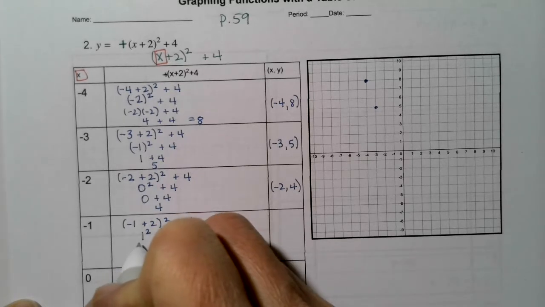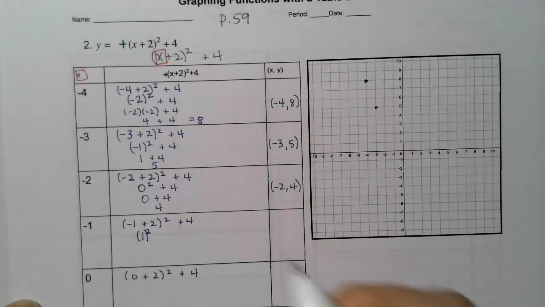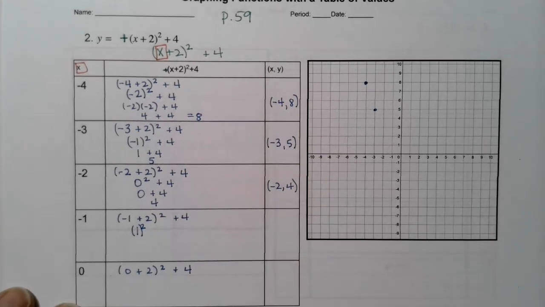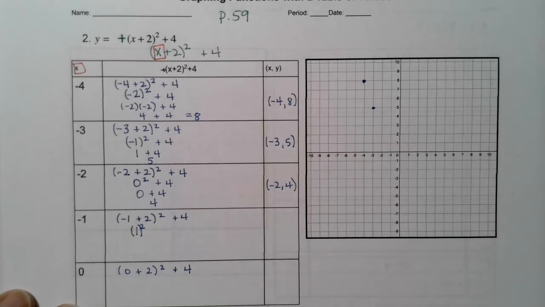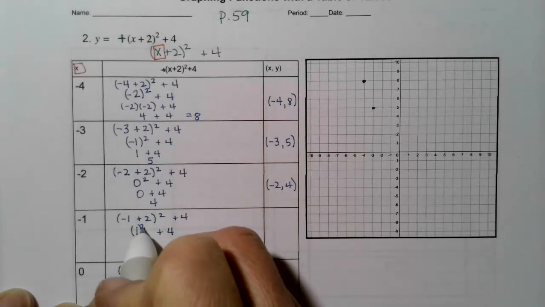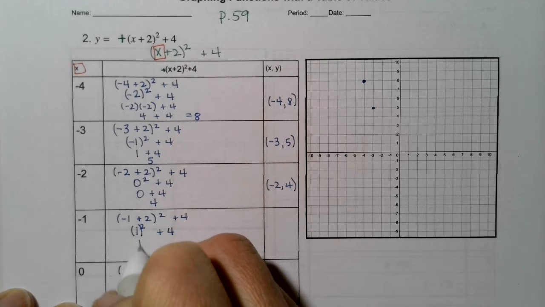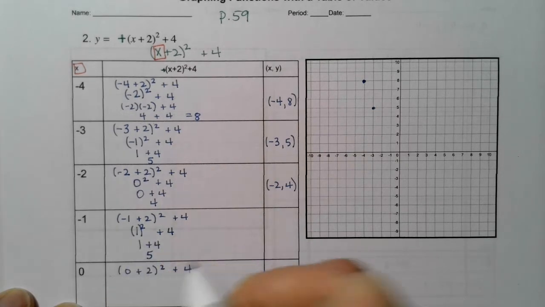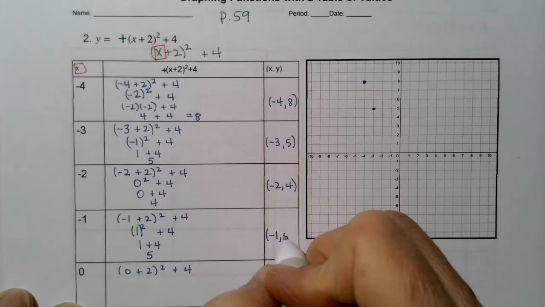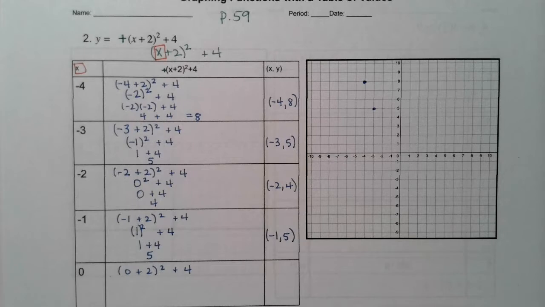And +1 squared. And you can continue using your parentheses around there. When it's not negative, you don't have to be as careful with that because it's not going to affect your answer. So 1 squared is 1 times 1, which is 1, plus our 4 over here. 1 plus 4 is 5. So when x is -1, y is 5.